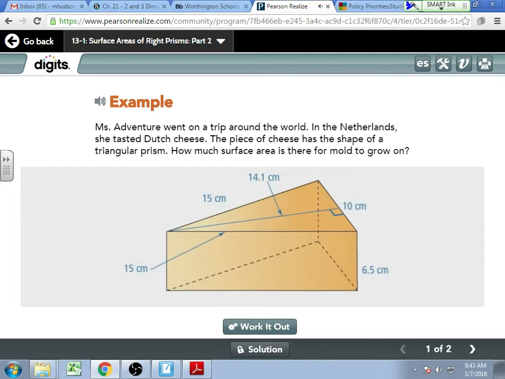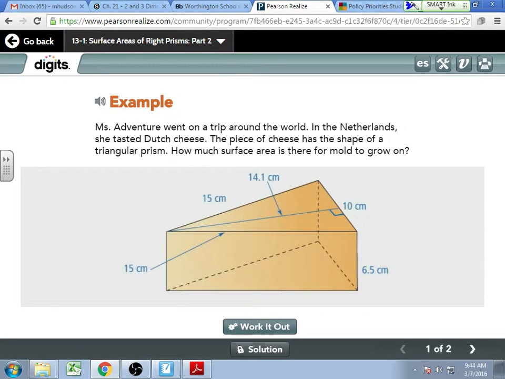So, let's say she was in the Netherlands eating some Dutch cheese. So, with this cheese, to determine the base, we always have to say what face has the identical face directly across the shape. If you look at how this is sitting right now, it's easy to figure out. The triangle's on the bottom, there's a triangle on the top.